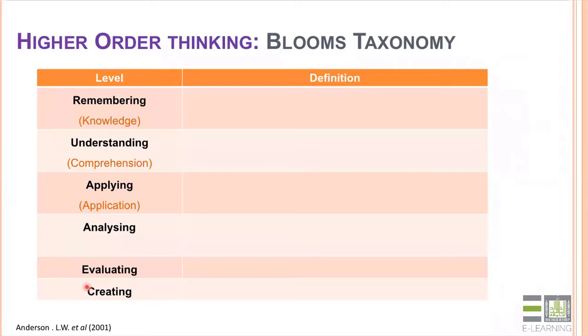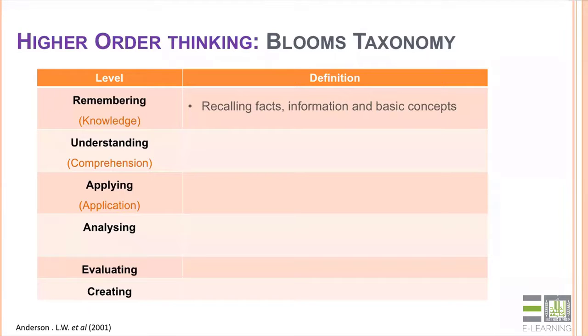Now, let's go through these 6 levels and define what they mean and what they entail. If we look at remembering at the top, remembering is us asking our students to recall facts or information or basic concepts. So that could be a typical multiple choice question where they've got to define what efficacy is. So they're just recalling facts.